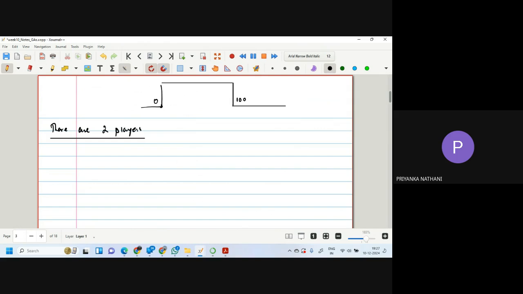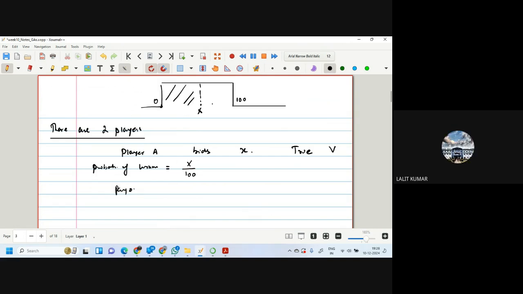Now, player A bids X and his true value is V. His probability of winning the auction will be X by 100, and his payoff will be V minus X. So his expected payoff will be X by 100 times (V minus X).